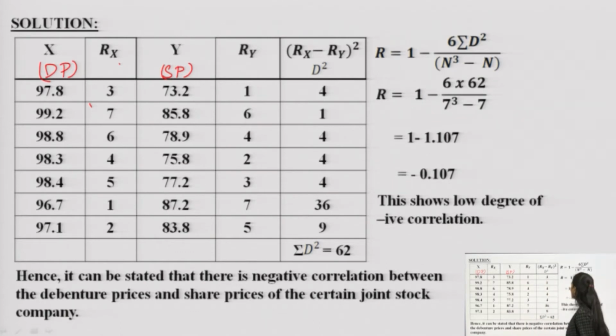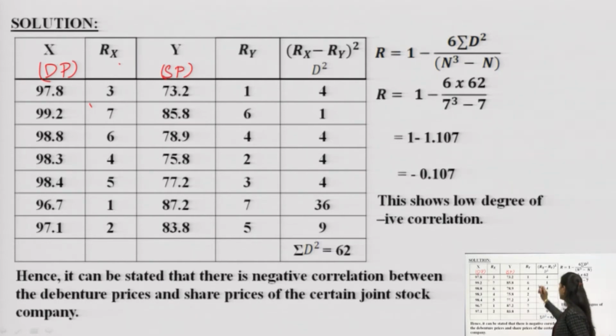The question demands for summation of d square, that is r x minus r y. When we were talking about case 1 in the earlier PPT, we were talking about r 1 minus r 2, same as r x minus r y. Here we have taken the series as x and y, there we were taking the series as 1 and 2.